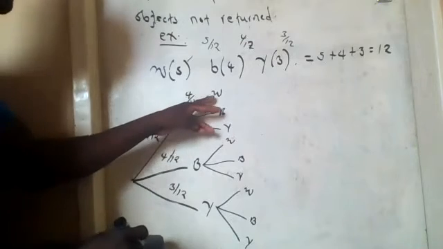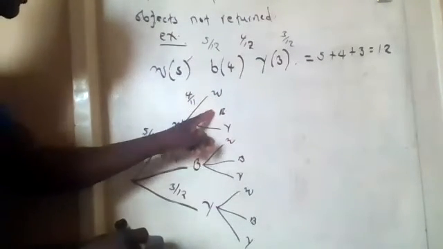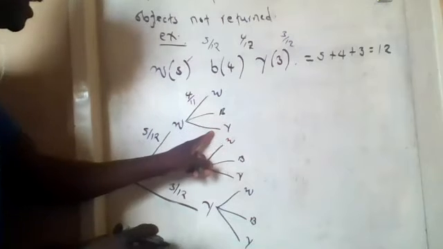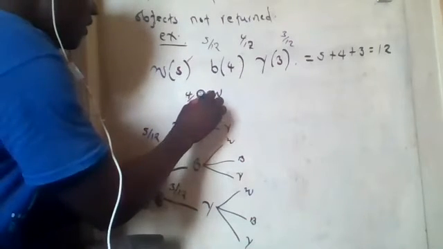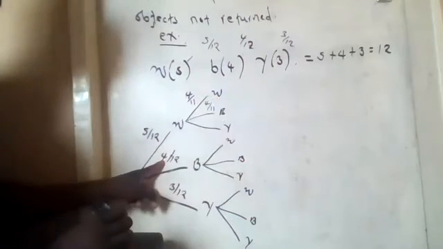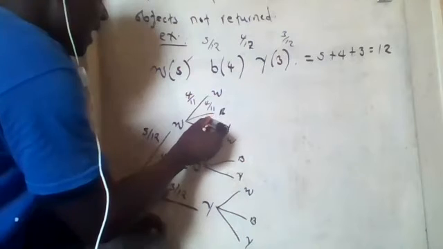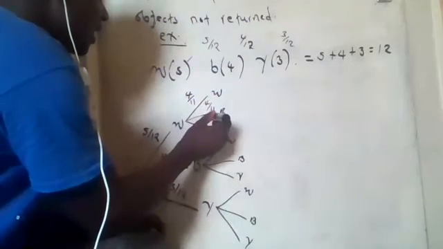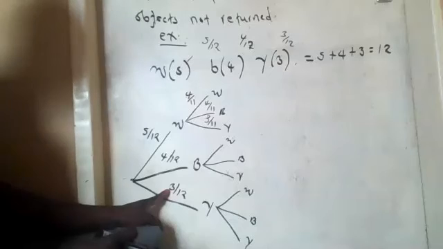So if it is only white which is taken, the assumption is only on white because it's a white branch. The rest of the blue and the yellow will remain the way they were. So blue, they were 4, and yellow, they were 3, but the moment one goes out, the total will reduce to 11. That's what we do.